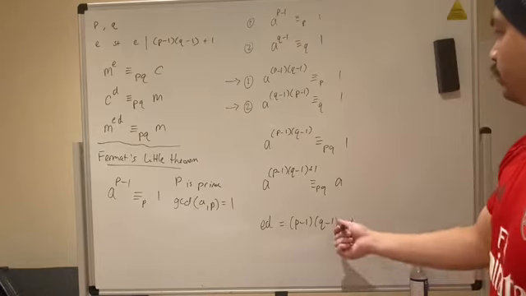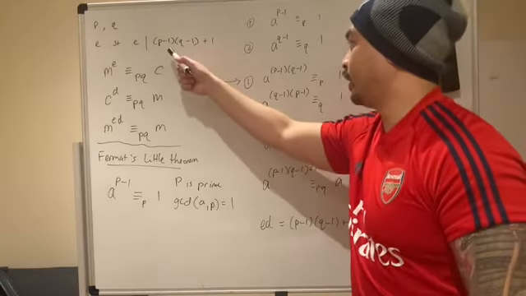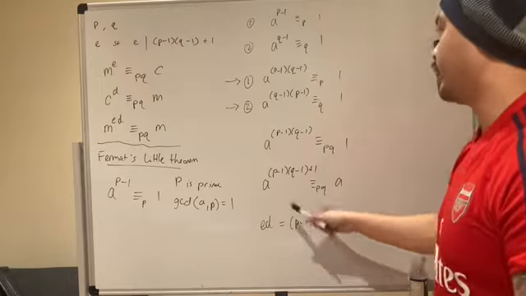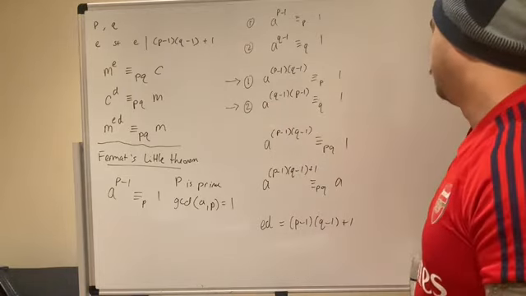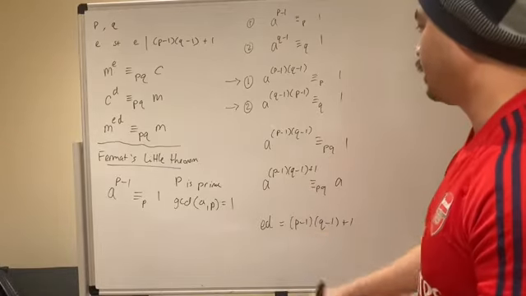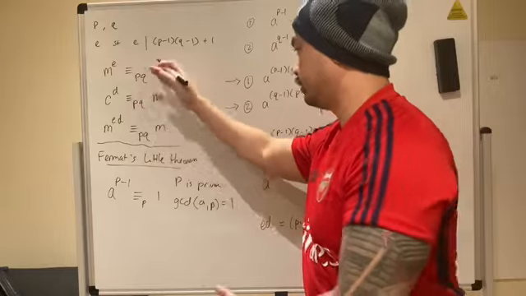And notice that we've chosen our E in such a way that it divides (P-1)(Q-1) plus 1. And this is just another way of writing that statement. So this shows that given that we've chosen our E correctly, we will get precisely these functions working.